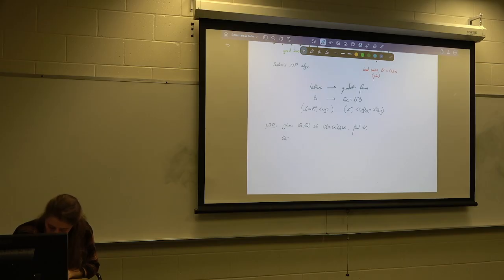Any quadratic form that I have is invariant under any orthonormal transformation. So let's say I have a lattice basis B prime that's equivalent to the B that we saw before, then I can define this new quadratic form from it. If I take B prime transpose and B prime, I get this.